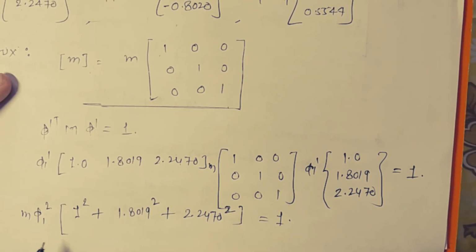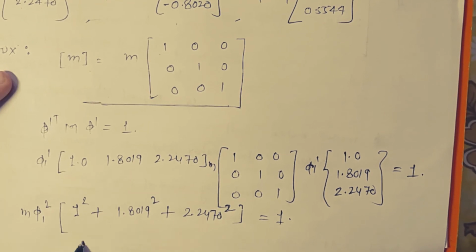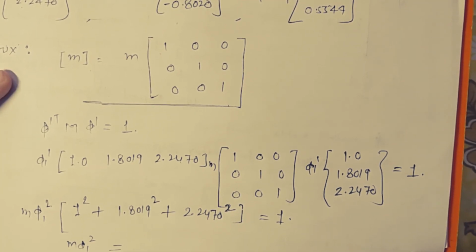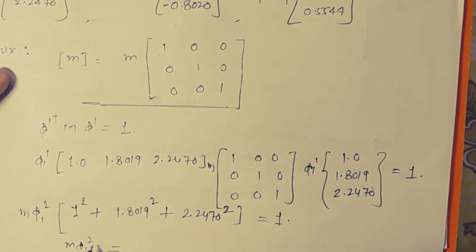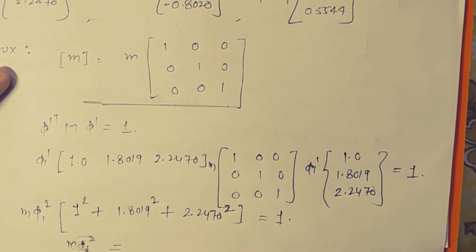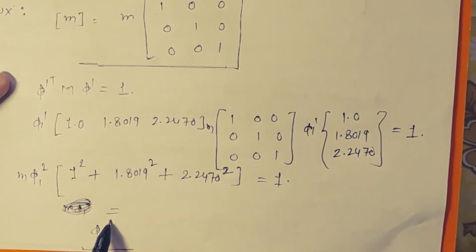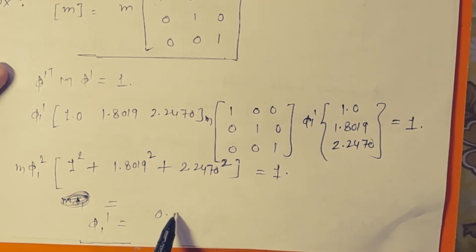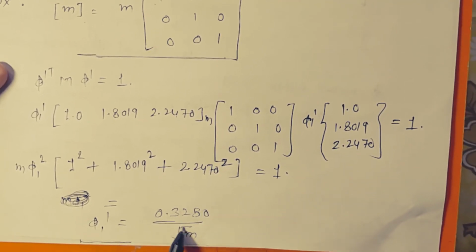And if we solve this, then M phi 1 squared is equal to, or if we take this as phi 1 1, it equals 0.3280 over under root M.